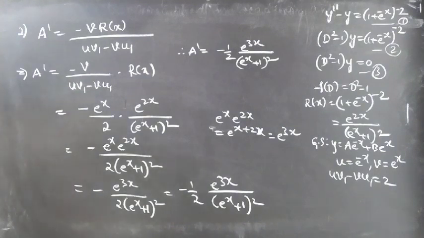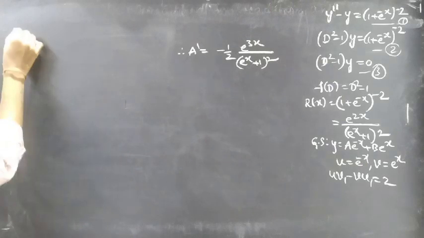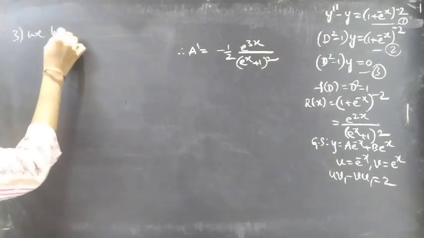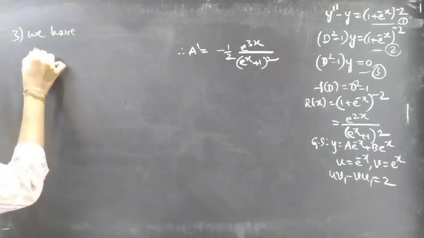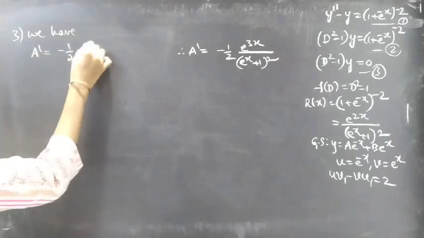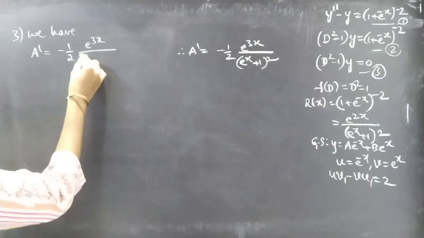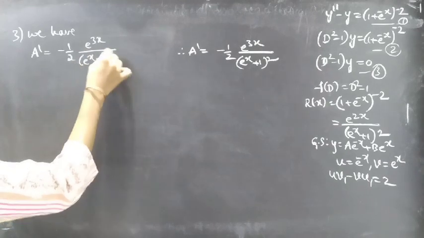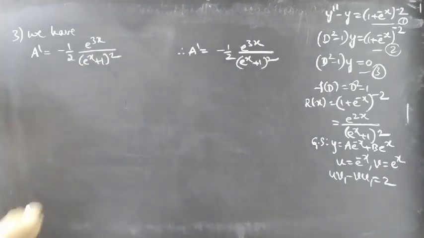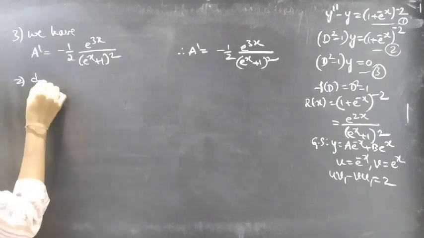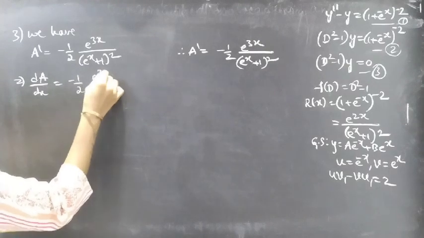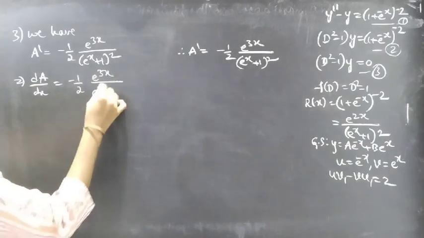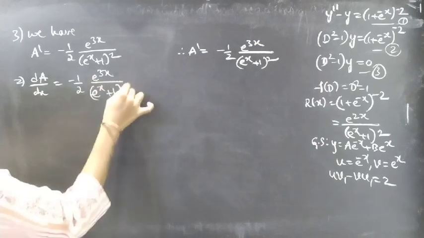Let's now find a. We have a dash equals to minus 1 by 2 into e power 3x by e power x plus 1 whole square, right? And a dash is nothing but derivative of a with respect to x, equals to minus 1 by 2 into e power 3x by e power x plus 1 whole square.